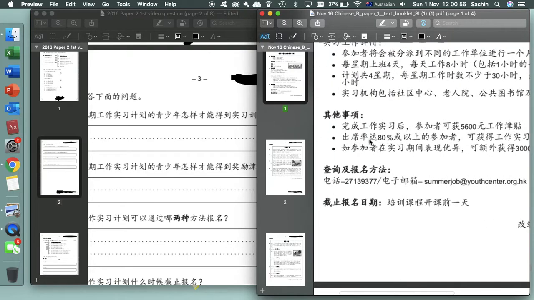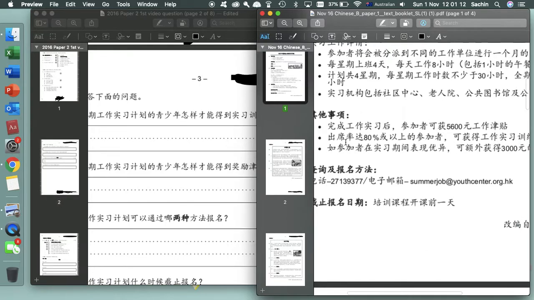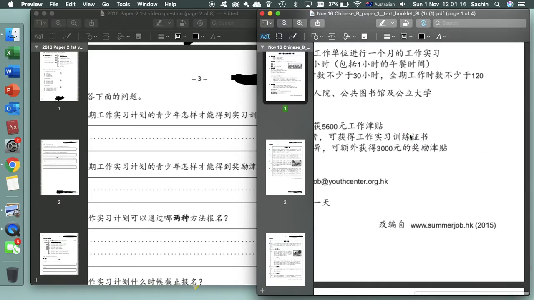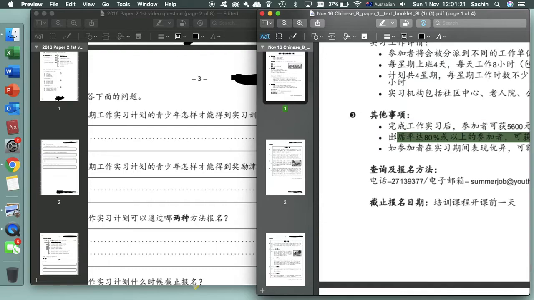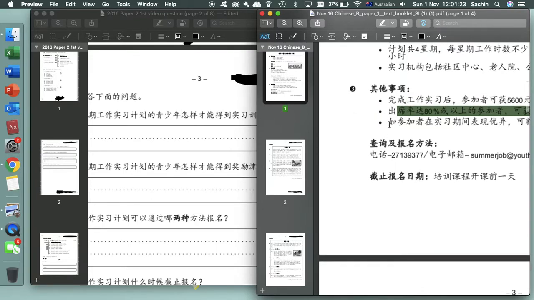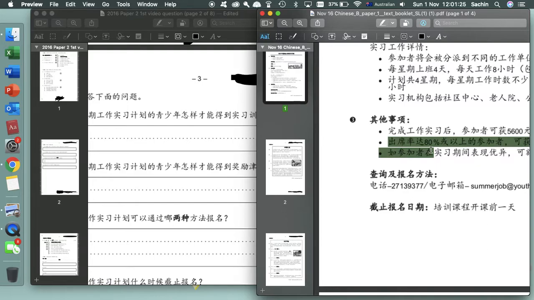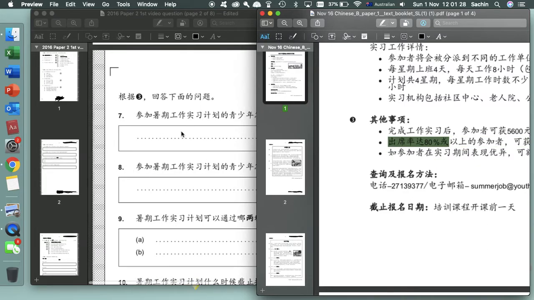So we read this passage and it's 出局于 something 的 80% 或以上的参加者. But in this case, sometimes you don't even have to know what this actually means. All you gotta know is that if the word in the question is in this clause, you just copy this whole sentence out and slap it on there. So in this case, we have this second point, which should be your answer for 7.